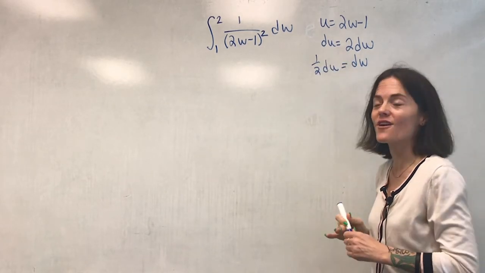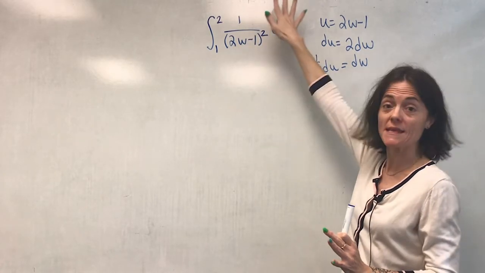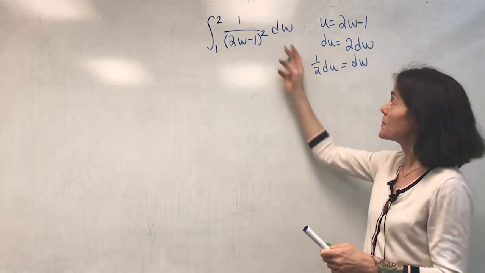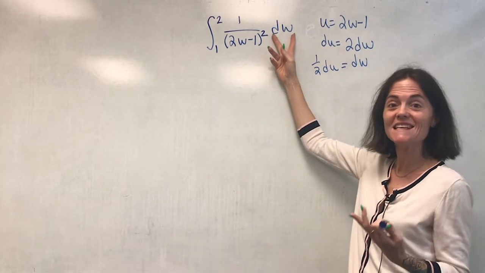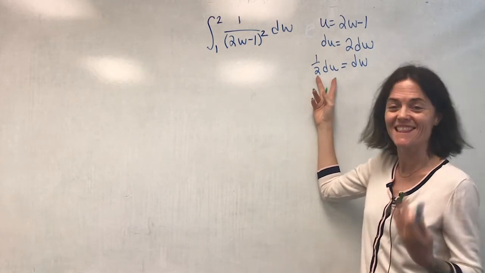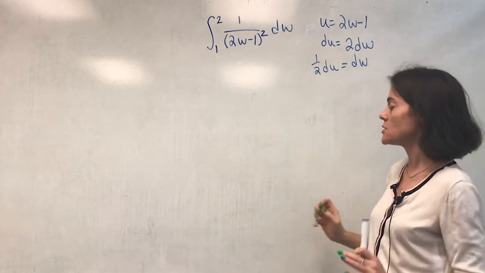So when we convert, I do this every time I use substitution. Every single piece of my integral gets changed to something of u. And in particular, this piece, which is the dw, I will convert or substitute, the name substitution, with 1/2 du.